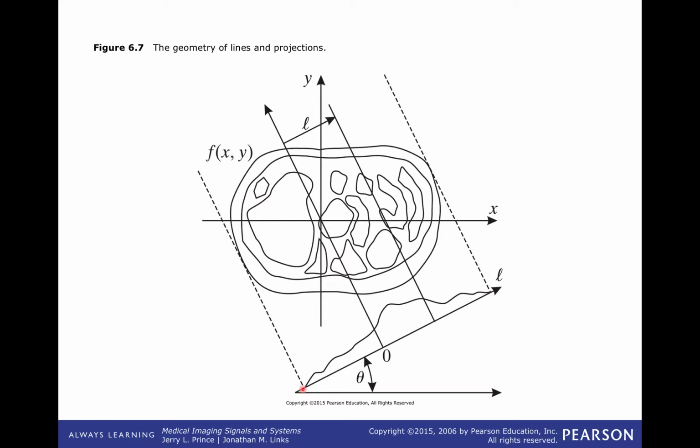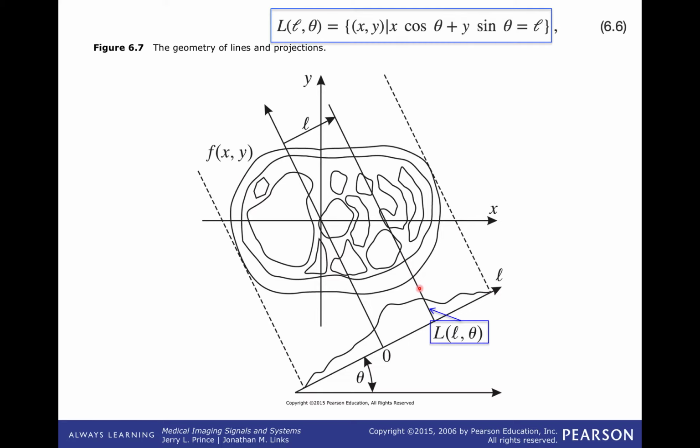And then if this is my detector along here, I'm going to parameterize my position on the detector with another real variable L. Okay. So I can now parameterize each line through the patient with two parameters, L and theta. So this line is basically all of the XY values in the plane that satisfy this equation, right?